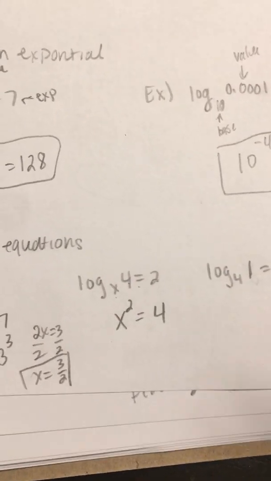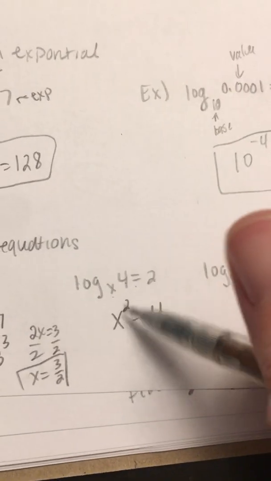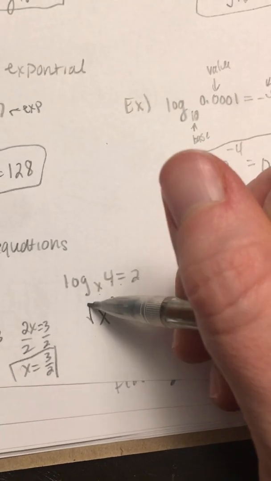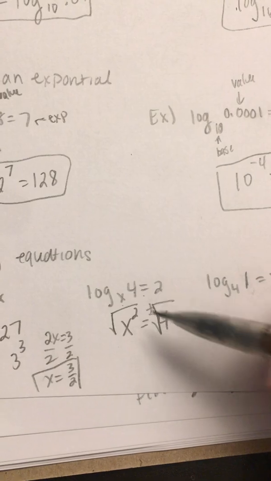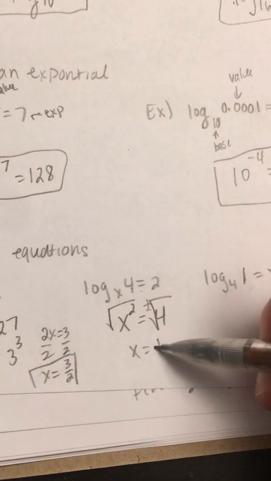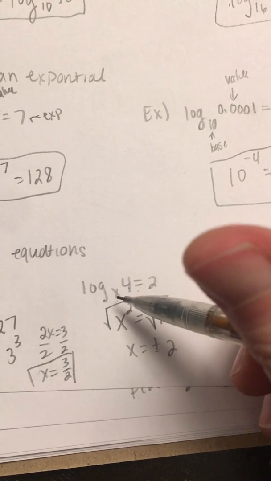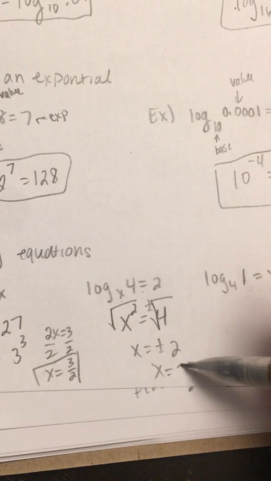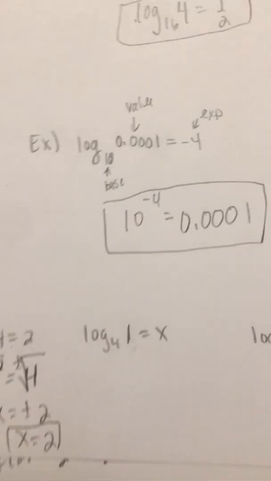Now when I switch forms, I don't have an exponential equation because there's no variable here, but I have a quadratic equation. And I know that I can solve quadratics. One of the ways is using the square root method. So I'm going to take the root of both sides and get x equals plus or minus 2. But the base we learned cannot be negative. So we have to exclude that and just say x is 2. We do not want to include negative. No negative bases is what the direction said before, or the property rules said.